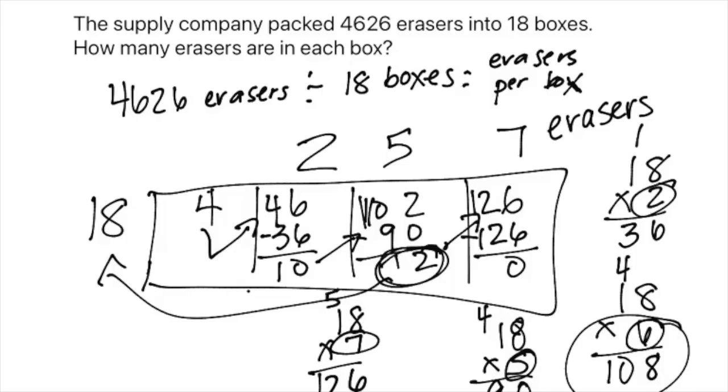The other thing to remember is that if this middle number can't go into this number, then you're going to put a 0 in that spot and move the whole thing over. So those are just some tips to remember as you're using this method. Happy dividing!